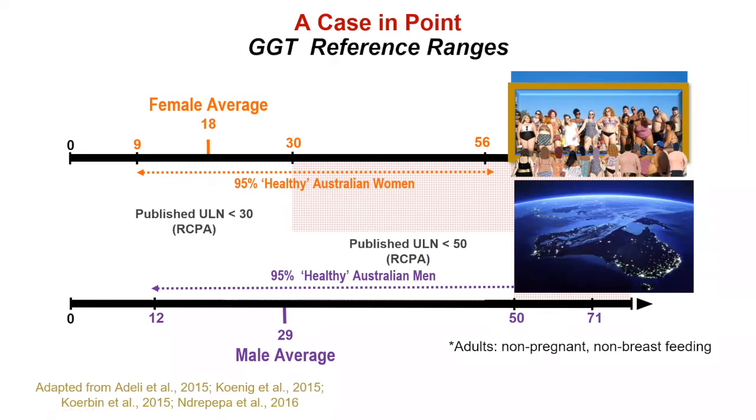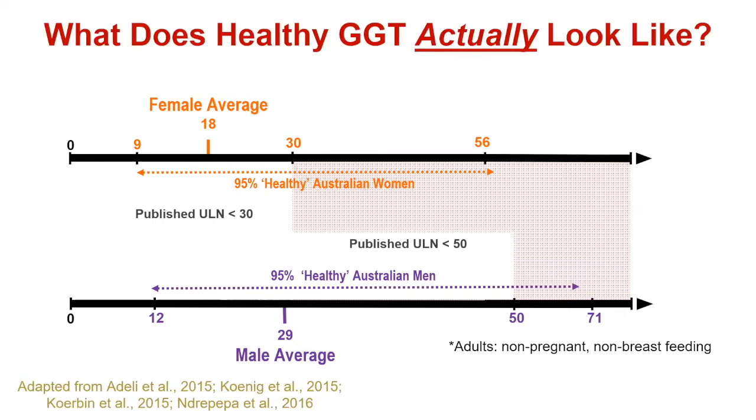Their upper limit of normal is based on the suspicion of disease of the liver or gallbladder. So over 30 would be a tipping point for being suspicious of this. But is that healthy? Is the absence of a known liver or gallbladder disease really healthy?